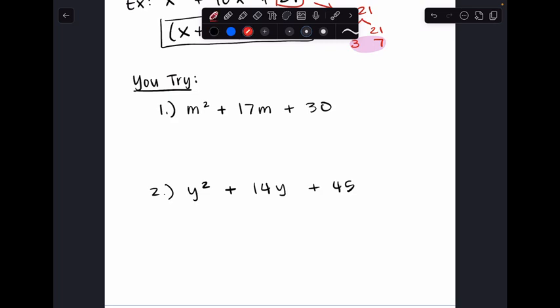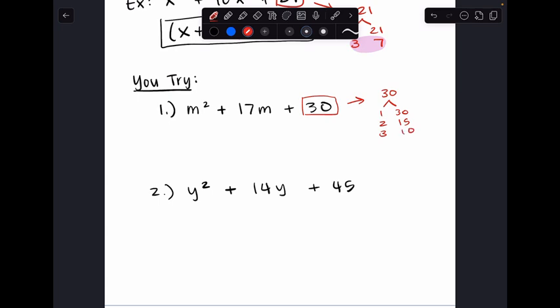Okay, so to work out these problems, again, you're going to look at the last term, or your constant term. All right, we're going to list out your factors of 30. So 1 and 30, 2 and 15, 3 and 10.